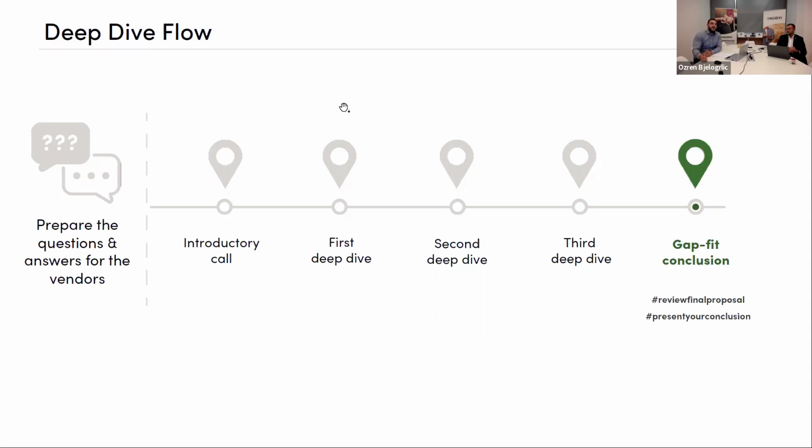This is something that you should usually talk about in the introductory call and first deep dive, and then in a proposal, we certainly like to include the phases of the rollout of the software, either full or in phases, as I mentioned. But this is usually discussed and analyzed within the first introductory call and first deep dive.